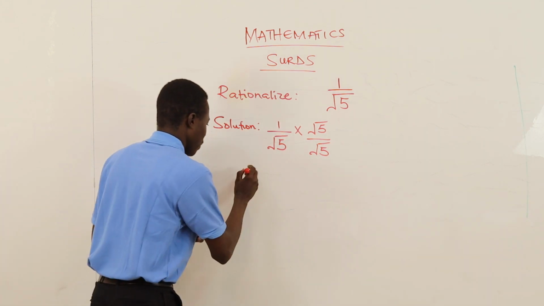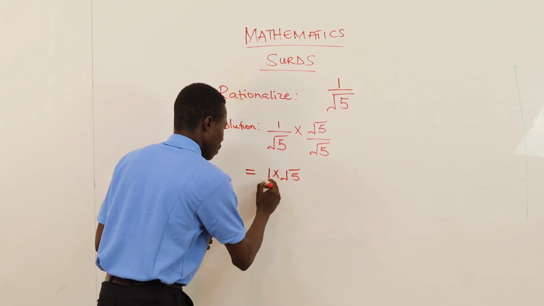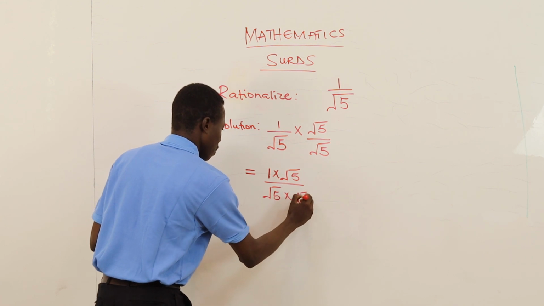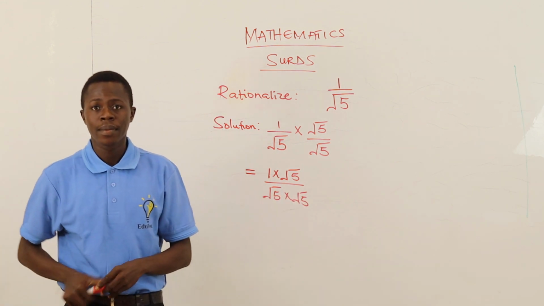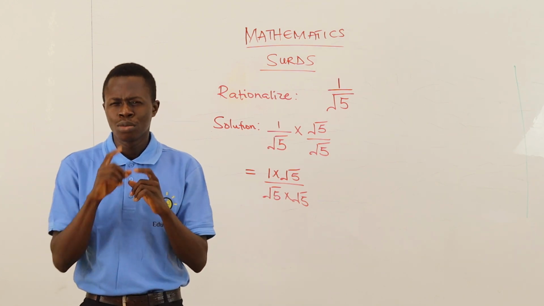Now, let's go ahead with our simplification. We now have 1 multiplied by the square root of 5, divided by square root of 5 multiplied by square root of 5.